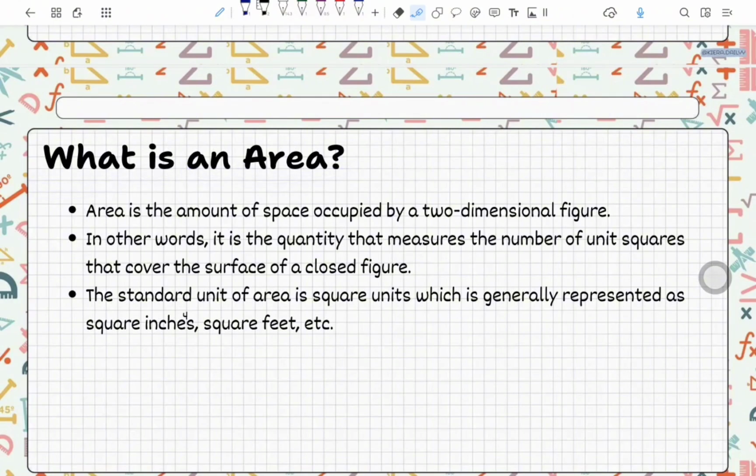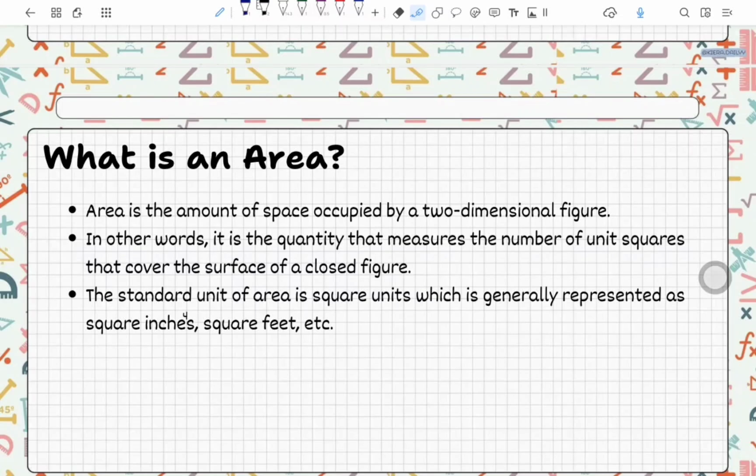Let's read the answer. Area is the amount of space occupied by a two-dimensional figure. In other words, it is the quantity that measures the number of unit squares that cover the surface of a closed figure.